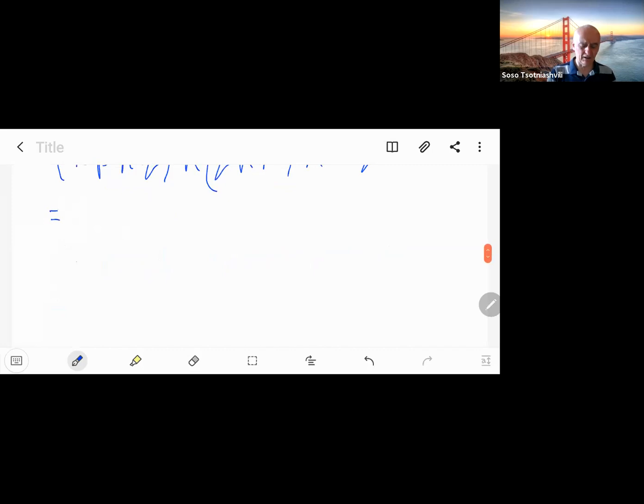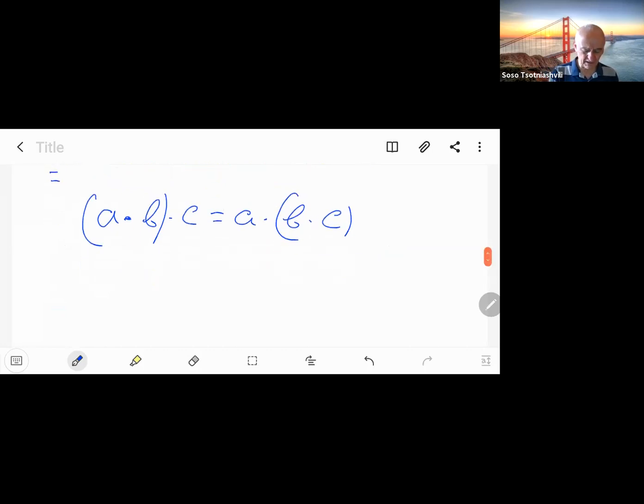To compare with ordinary operations, the associative rule looks like this: A, B, C, and I can take parentheses around any part of this. For example, A, B, C, or I can write it like this. They are absolutely the same, and this is the associative rule. Or in the case of ordinary plus, I can take any part in parentheses.